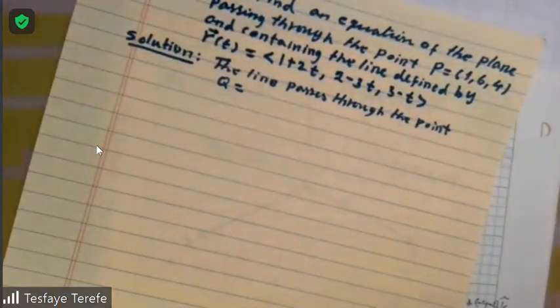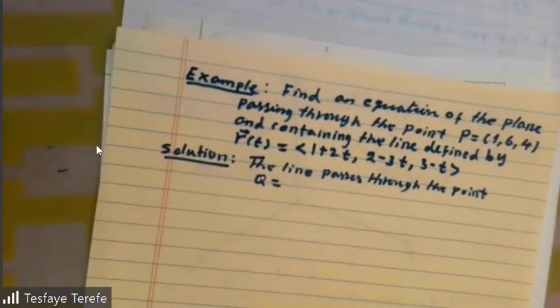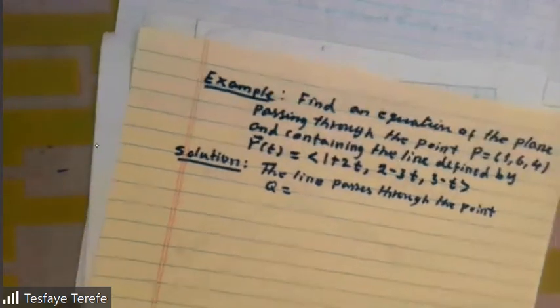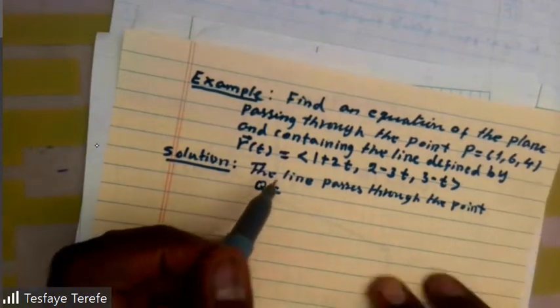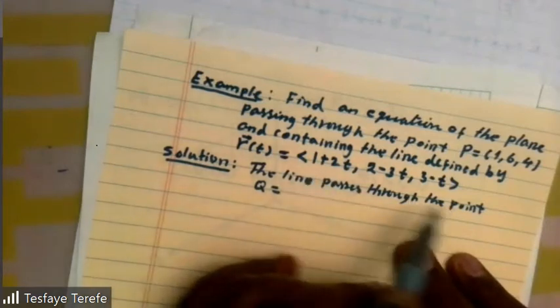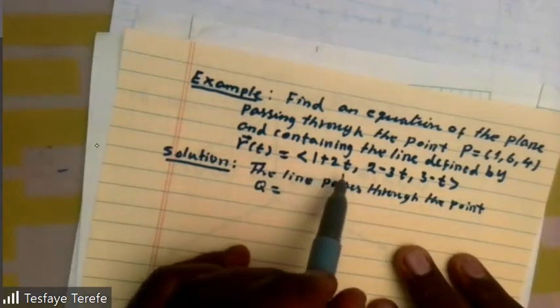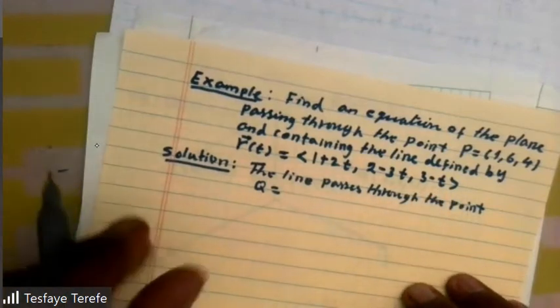All right, here it is. Find an equation of the plane passing through the point (1, 6, 4), and containing the line defined by r, given in vector form in component form: 1 plus 2t, 2 minus 3t, and 3 minus t.